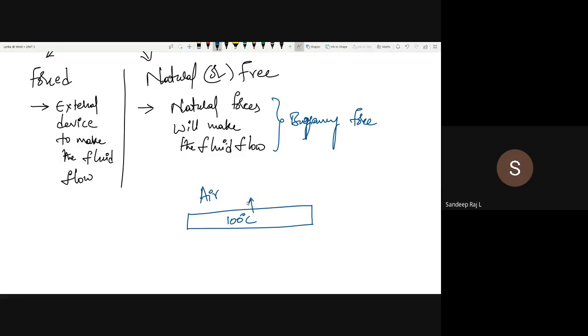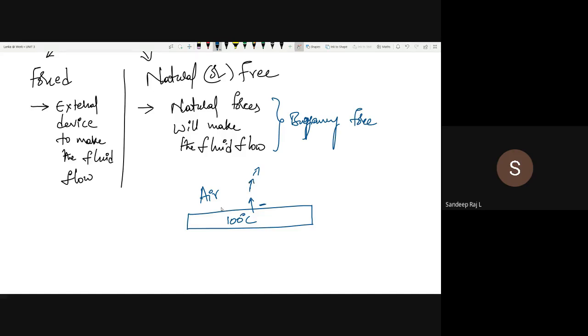When this heat is received by the air, which previously had higher density and is staying very near to this body, it now has a high temperature. Because of the high temperature, its density will decrease. Since its density has decreased, it will try to move in the upward direction.